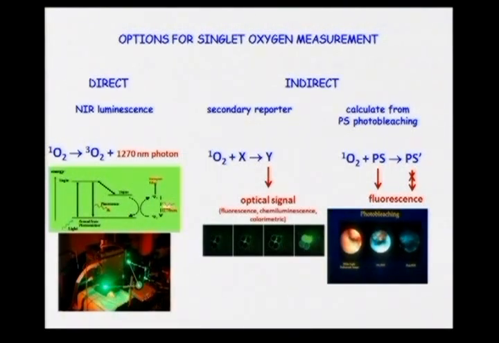The challenge in this is that this decay back to the ground state, and emission of singlet oxygen, happens only in 1 in 10 to the 8 singlet oxygen molecules. So only 1 in 100 million molecules of singlet oxygen goes back to the ground state.